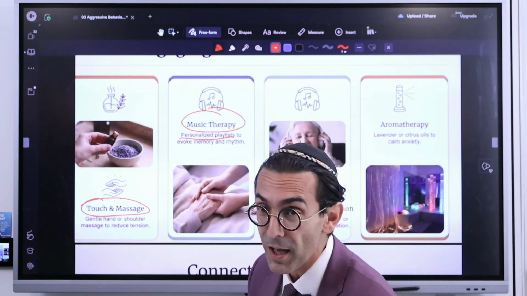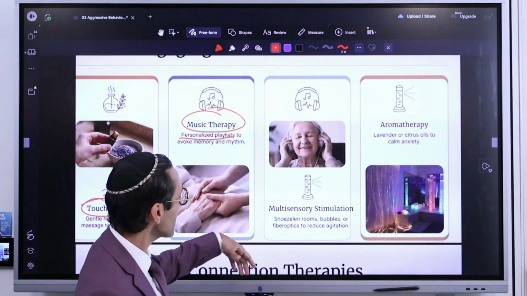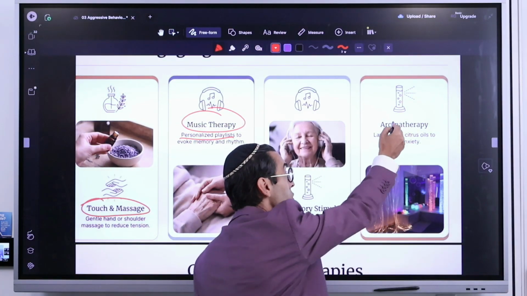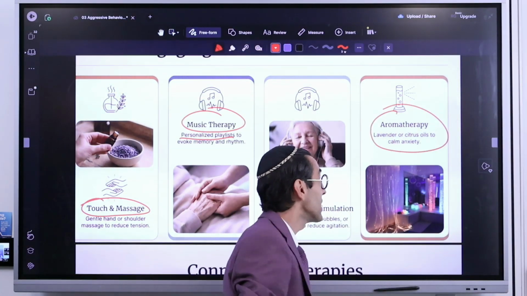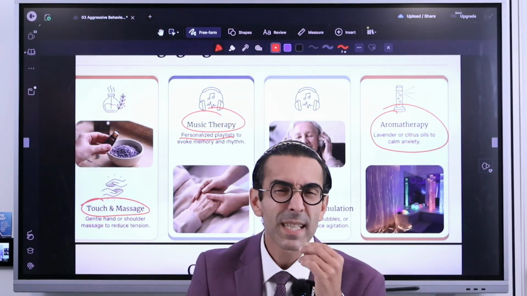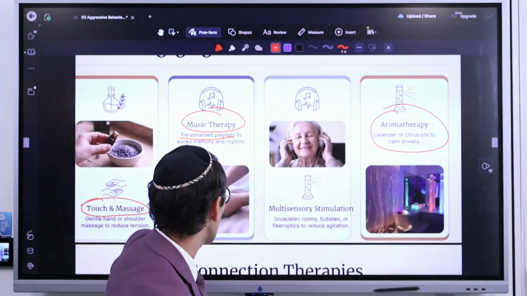So, personalized music therapy. Then multisensory stimulation, specific rooms or bubbles, and aromatherapy. Aromatherapy is up and coming, using citrus oils and specific scents to calm anxiety, which will cause folks to be more calm and more relaxed.